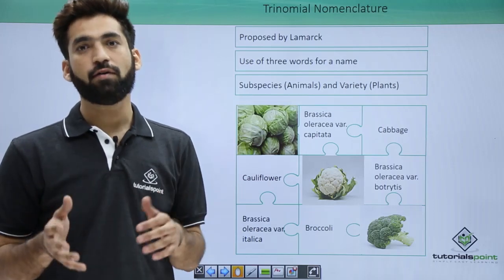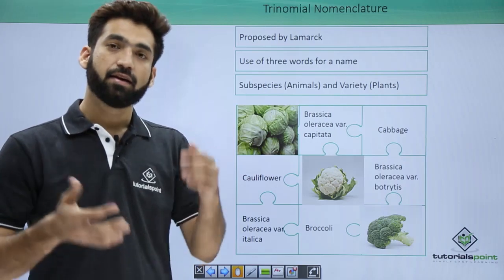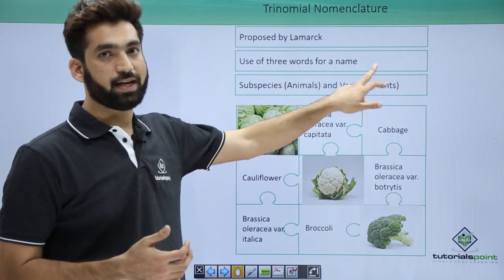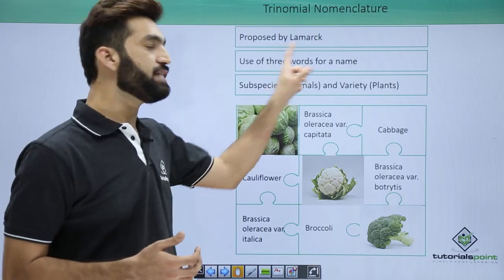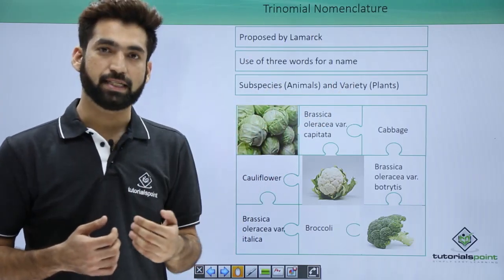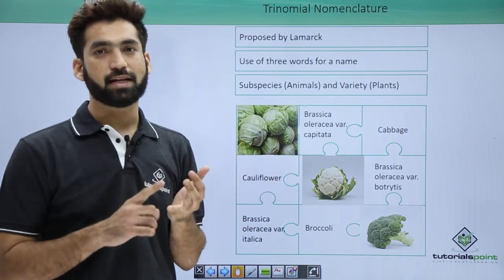So we need to look at where this difference occurs, and that difference occurs at the subspecies level or variety level. Subspecies and varieties are the innermost categories which come after a species, because these three plants have the same genus and species.